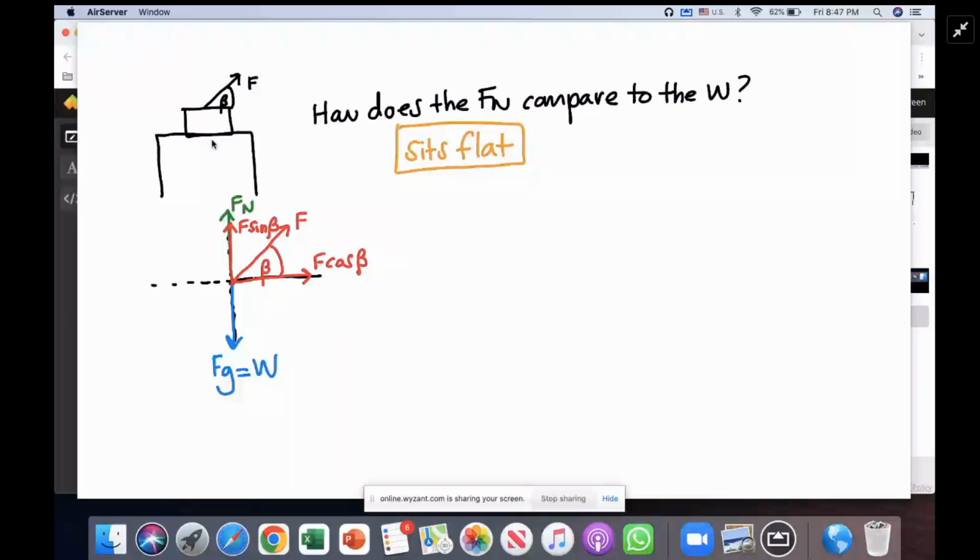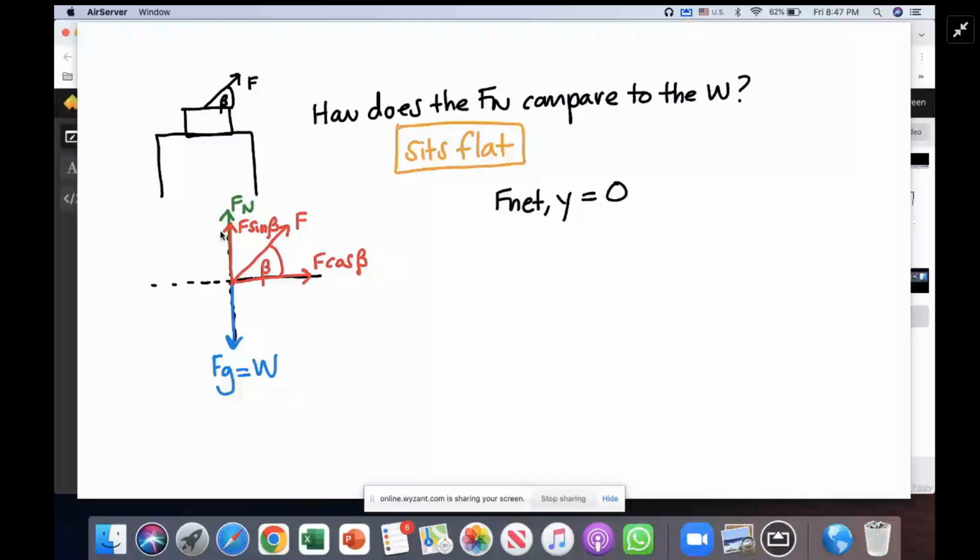If it's not accelerating in the Y direction, then I know that the net force in the Y direction is going to be 0. There's no acceleration. So even though I have this X component here, I'm going to go ahead and ignore that and just focus on what's going on in the Y.